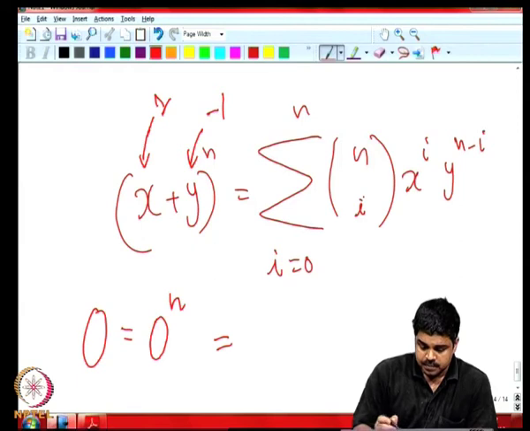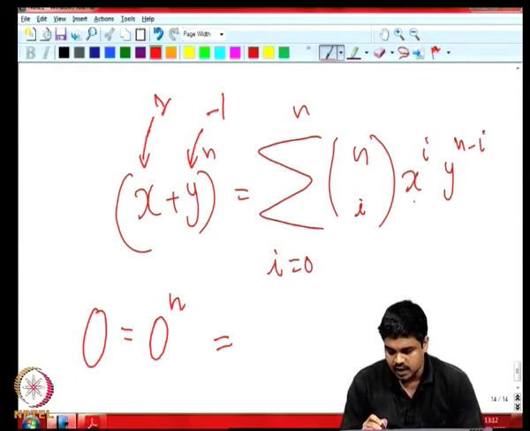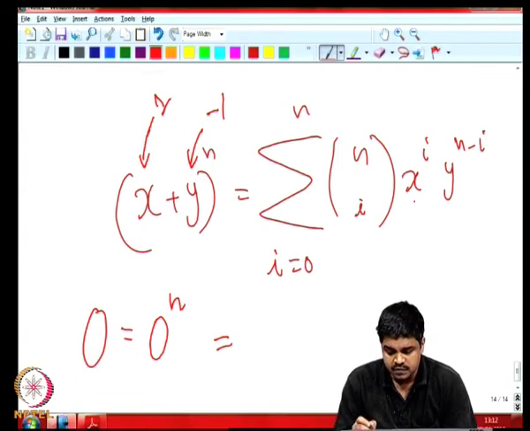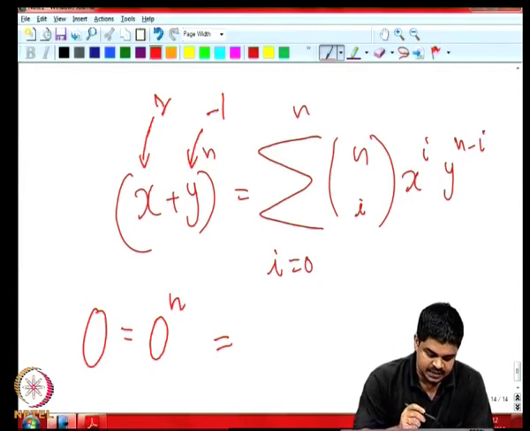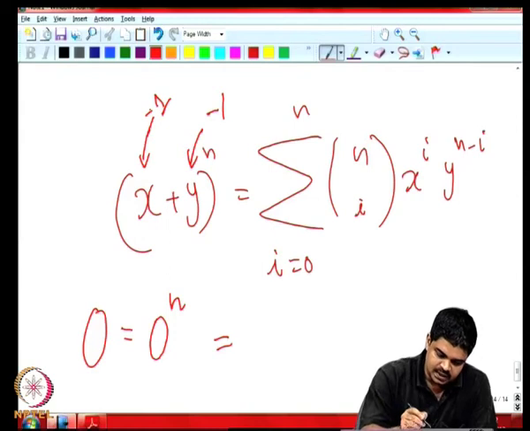The right side will become sigma i equal to 0 to n of n choose i. For convenience, let us take x as minus 1 and y as plus 1.